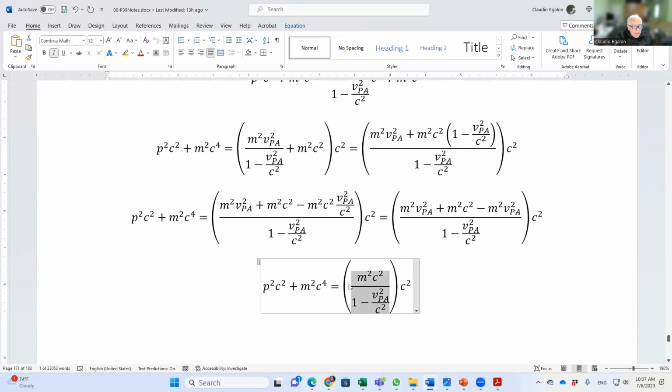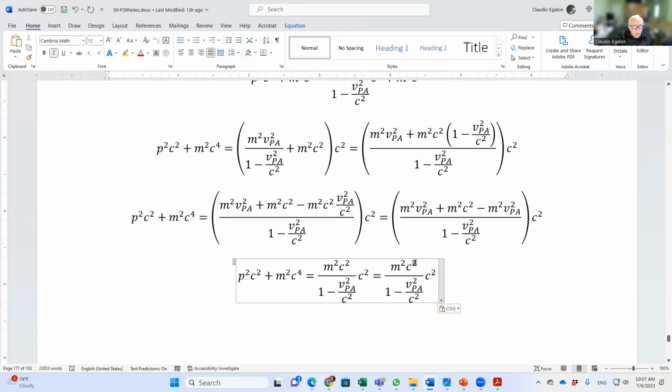We do not need the parentheses, but we are going to need this one now: m squared c to the fourth power. Okay.